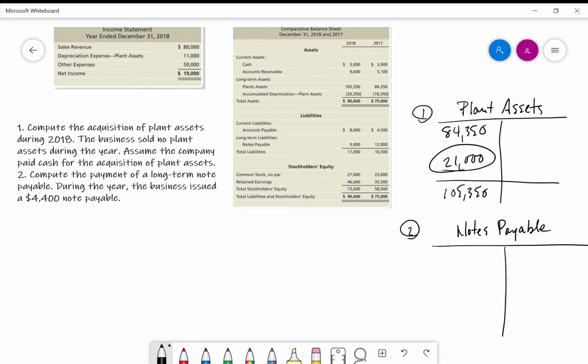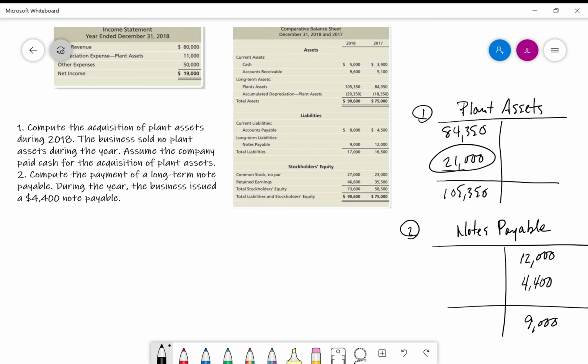If we look at our comparative balance sheet, we can see we start with a $12,000 balance in notes payable. We end with a $9,000 balance, so that'll be down here. And we issued a $4,400 note payable.